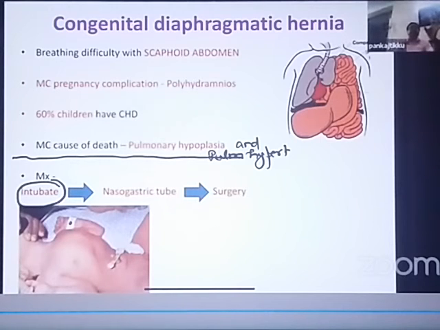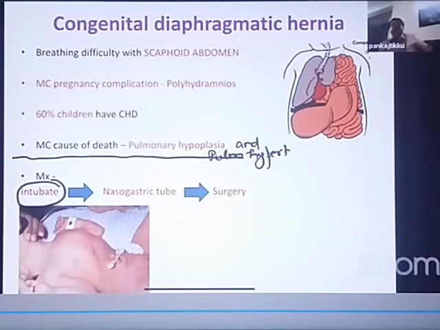Normally, when you are doing a neonatal resuscitation, the first thing that you would like to do is bag and mask ventilation. Ambu bag, apply it over the face and start bag and mask ventilation. But please remember, bag and mask ventilation can be very, very dangerous in these children. Why? Because when you are doing an ambu bag, you are in fact pushing air into the stomach.